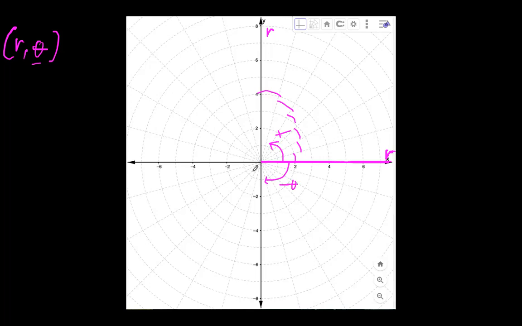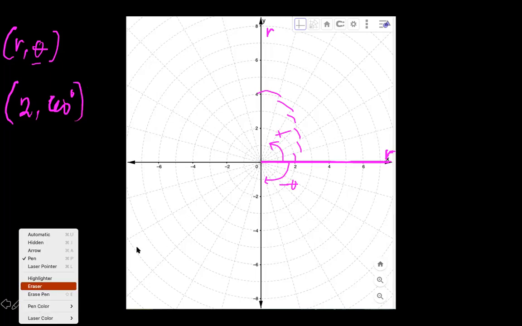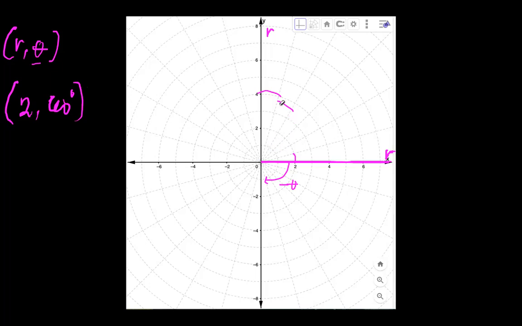By the way, you can see here concentric circles. These circles determine the radius, or the radii, of the given polar coordinates. So if, for example, we have 2 and 60 degrees, let me erase some of the doodles that I made.